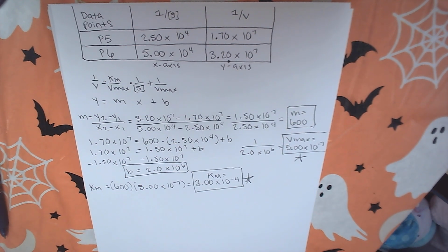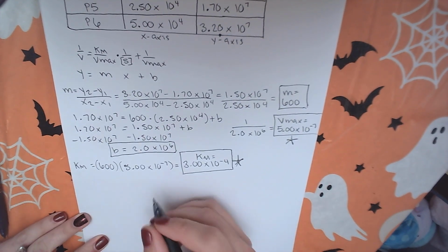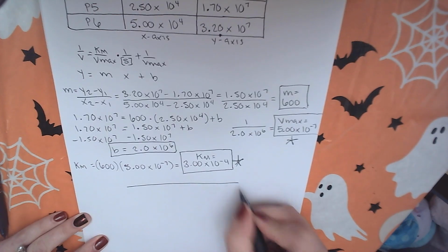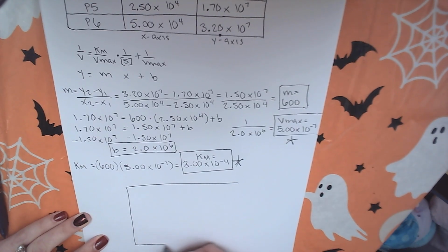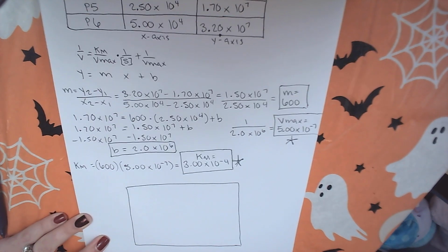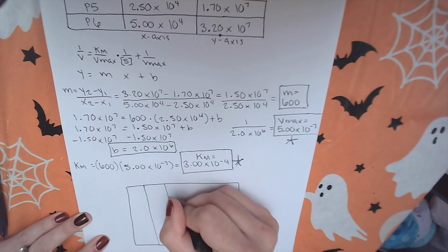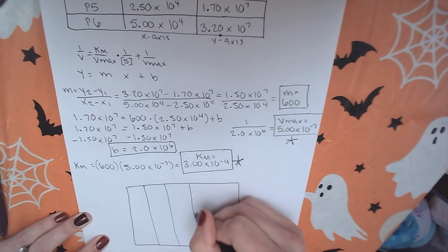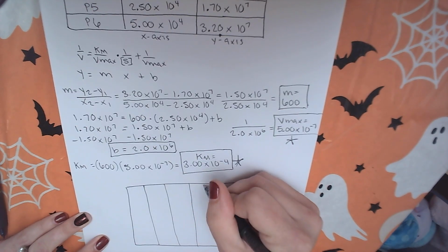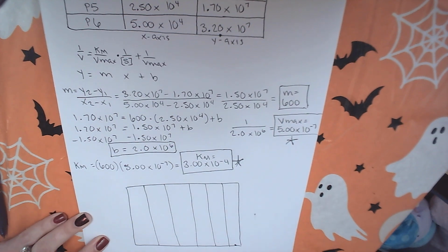So let's see what the easiest way to do this would be. Let's do this. All right, 1, 2, 3, 4, 5. A little bit too big. It's okay.